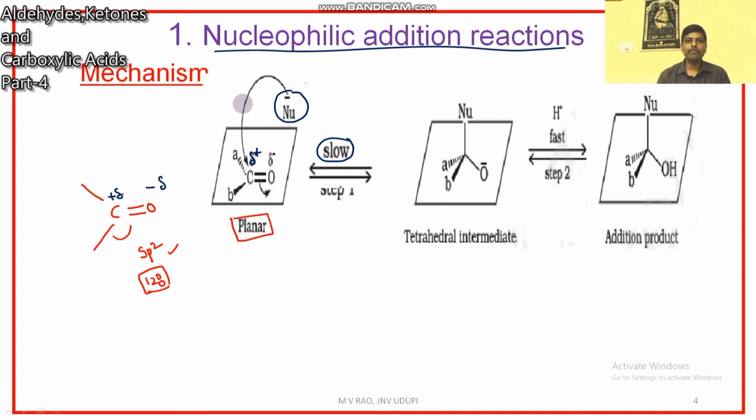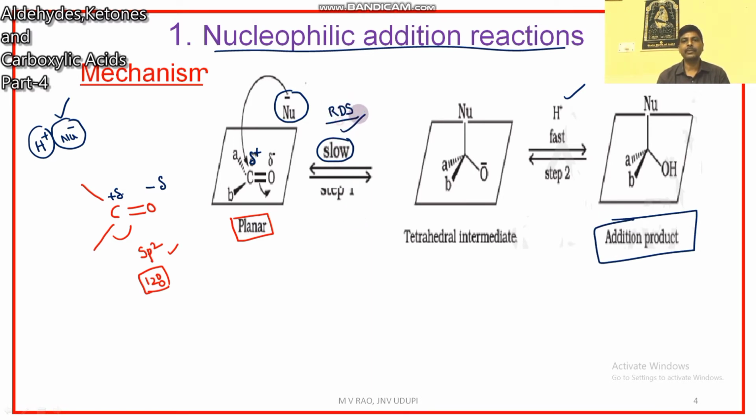The remaining part of the reagent is H plus and Nu minus. Nu minus is already attached to carbon. The remaining H plus will add to O minus and give the addition product. This is the slowest step, the rate determining step. You know the slowest step is called the rate determining step.